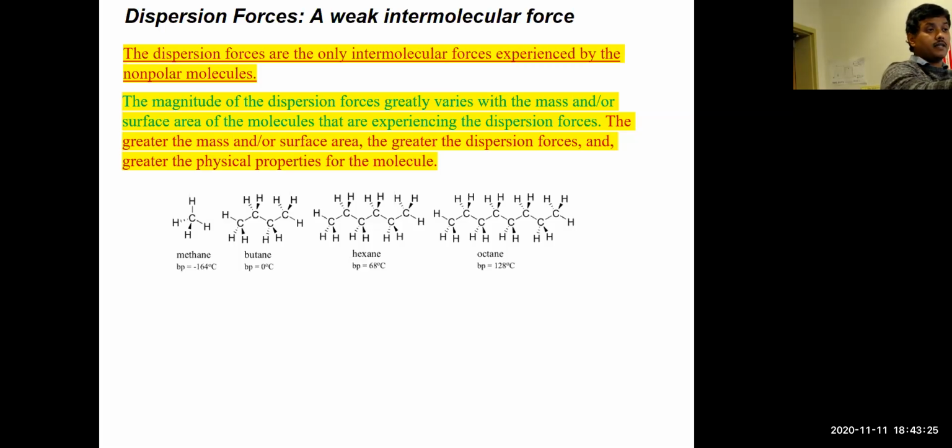Now let's compare hexane to octane. Octane is one of the main components present in the gasoline that we use, has 2 more carbons than hexane, but it has the boiling point of whopping 128 degrees Celsius. See again the huge jump. Again, what's the only difference? Bigger in mass, larger in surface area. As a result, much more scope for more instantaneous dipoles between each molecule and another molecule.